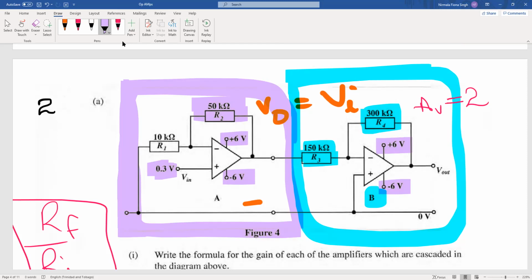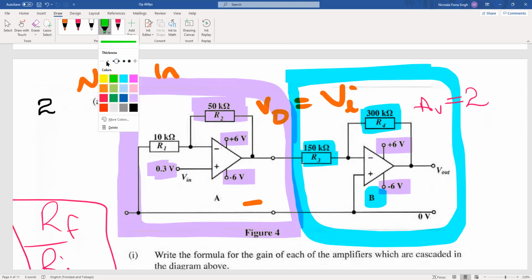We only have two types of amplifiers. Anybody else? Non-inverting. Thank you, Andy. This is a non-inverting amplifier, right? Why is this a non-inverting amplifier? Because let's track our signal.